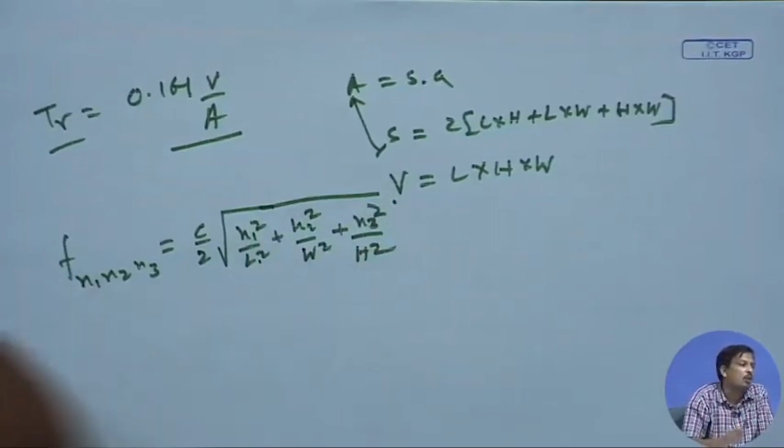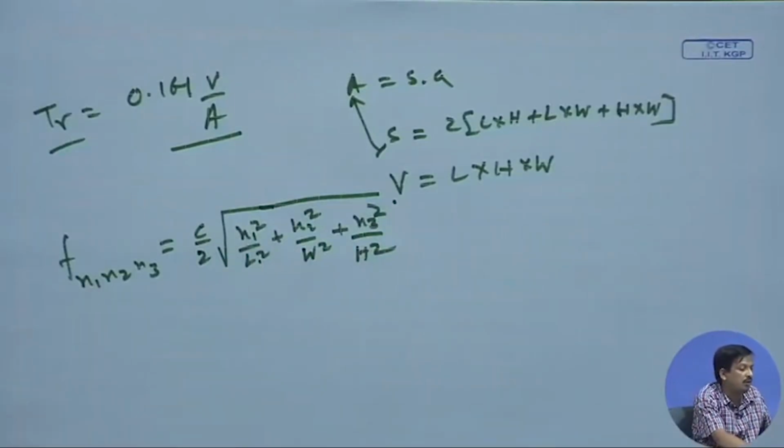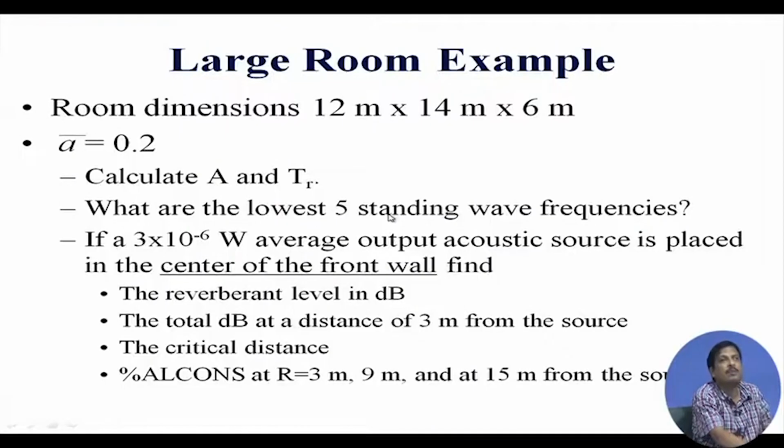So, if I want the lowest 5 standing wave frequencies, what is the lowest frequency? When will F be lowest?